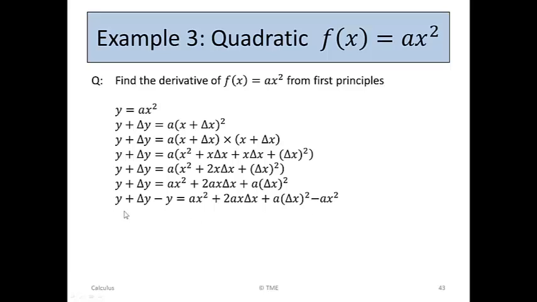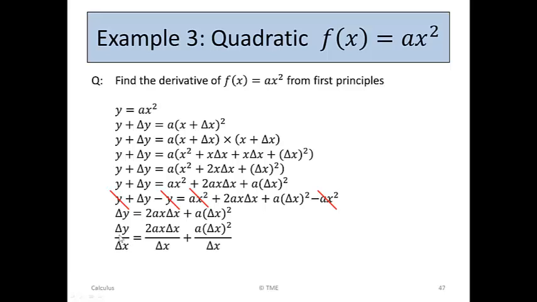So now we can eliminate some of the terms. The y and the minus y, the ax squared and the minus ax squared, leaving us with delta y is 2ax delta x plus a delta x squared. We're interested in delta y over delta x, so delta y over delta x is 2ax delta x over delta x plus a delta x squared over delta x.